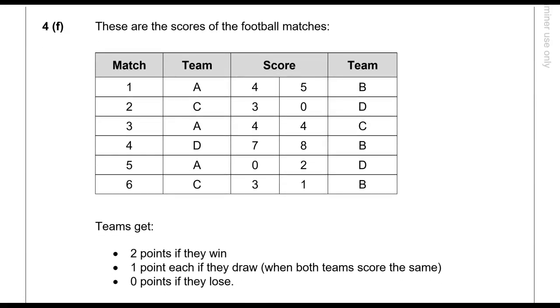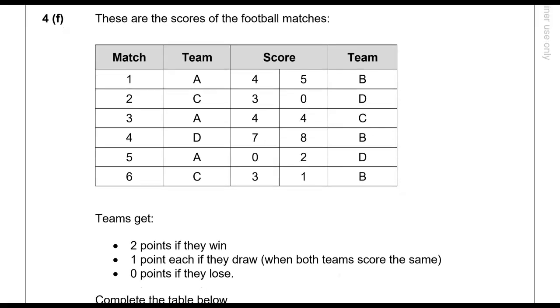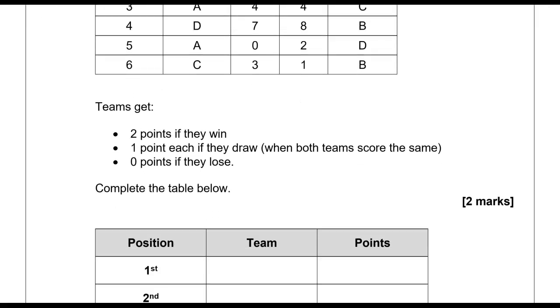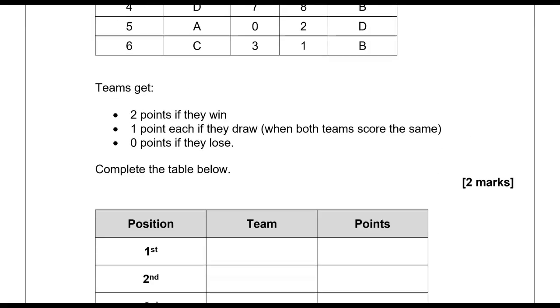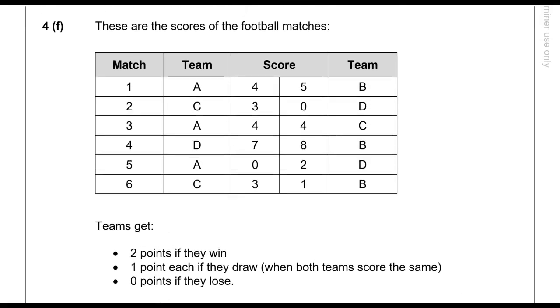These are the scores of the football matches. Teams get 2 points if they win, 1 point each if they draw, when both teams score the same, 0 points if they lose. Complete the table below. Let's have a look.